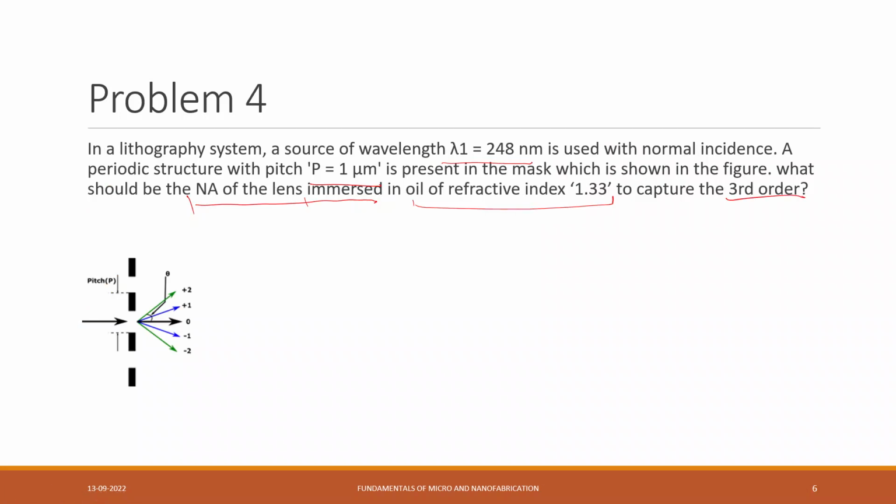Last time we were capturing the second order, so here you have to capture the third order. When we increase the numerical aperture, we can capture the higher orders of diffraction also. So you have to tell what the numerical aperture should be, taking the environment as oil of 1.33.